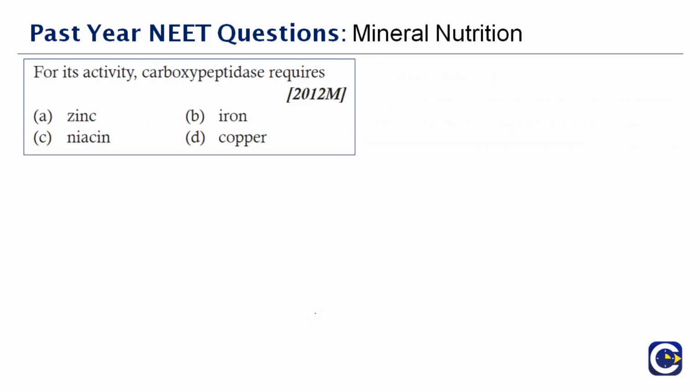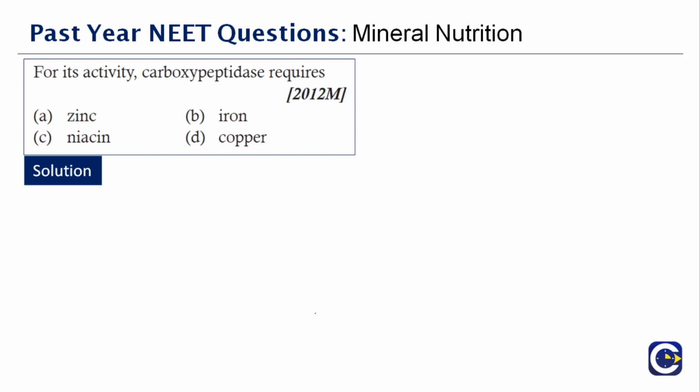Next question. For its activity, carboxypeptidase requires dash. So we will first talk about carboxypeptidase. It is an enzyme, right? So what is this enzyme used for? Any idea? As we all know, it is an enzyme secreted by the pancreas and acts in the small intestine.